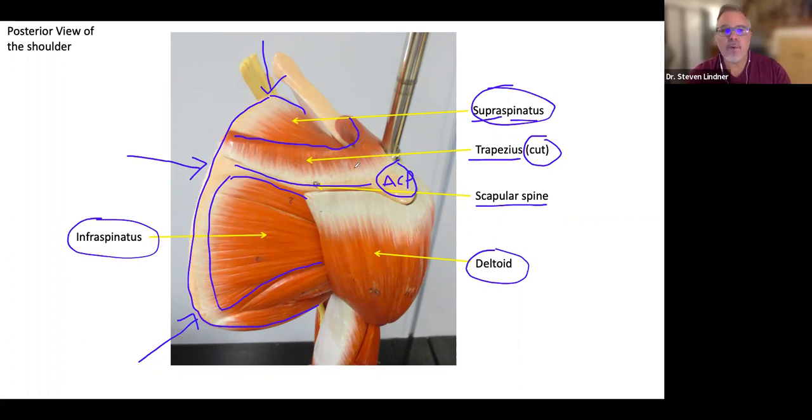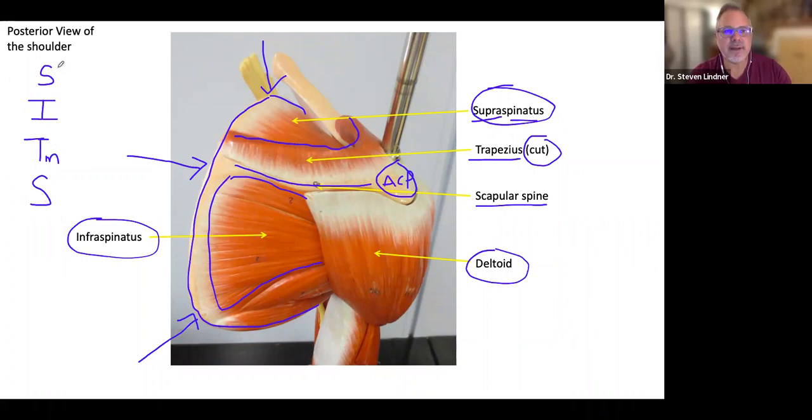But the four rotator cuff muscles are the supraspinatus, infraspinatus, Teres Minor, I'll do a small m for minor, and then subscapularis. This is what we call SITS muscles: supraspinatus, infraspinatus, Teres Minor, and subscapularis.